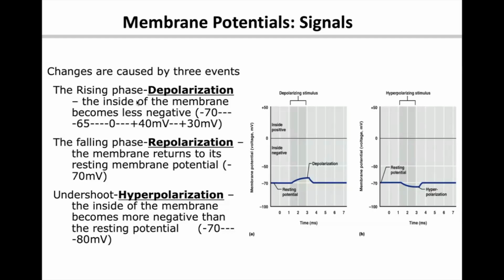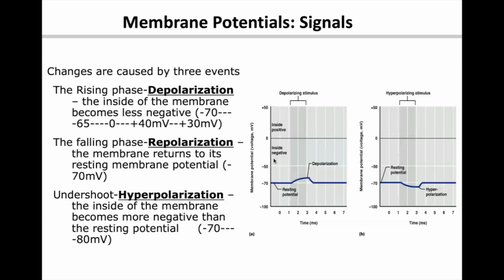Depolarization, or the rising phase, is when from negative 70 it goes to negative 55, which is the threshold, and then goes to 0 and becomes positive. That phase is the depolarization phase.